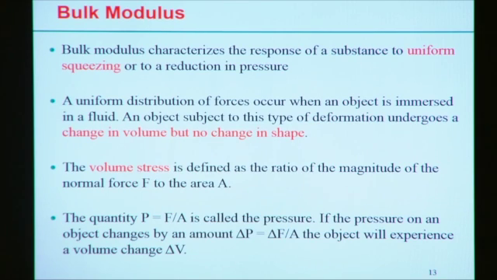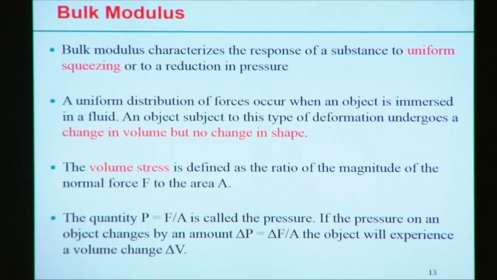A uniform distribution of forces occurs specifically when the object is immersed in a fluid, and the object undergoes a change of volume without any change of shape. This volumetric stress is defined as the magnitude of the normal force F to the area A, and that quantity, P equals F by A, is termed pressure.